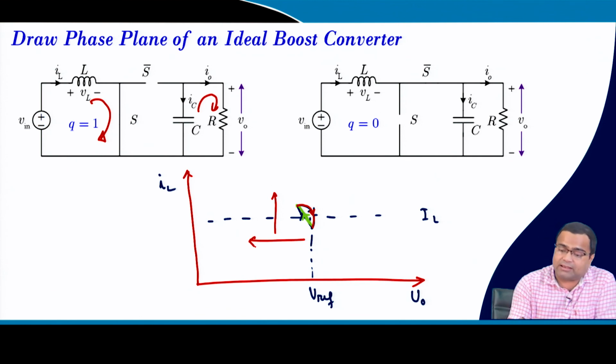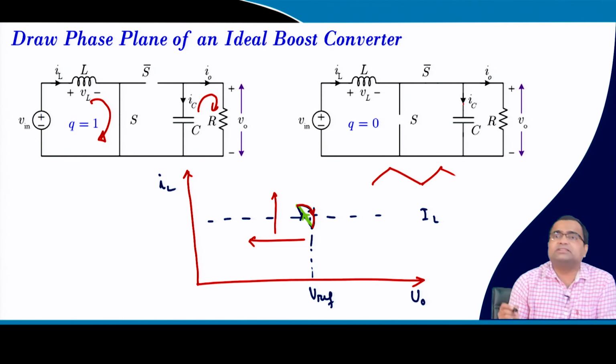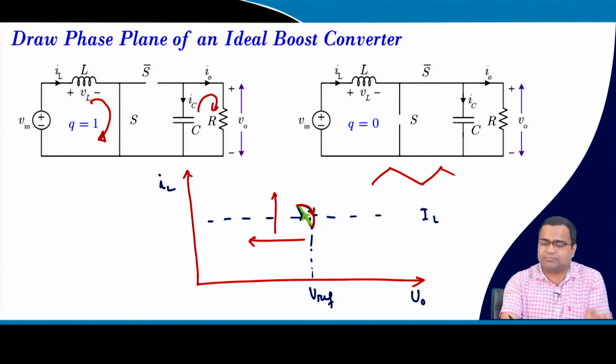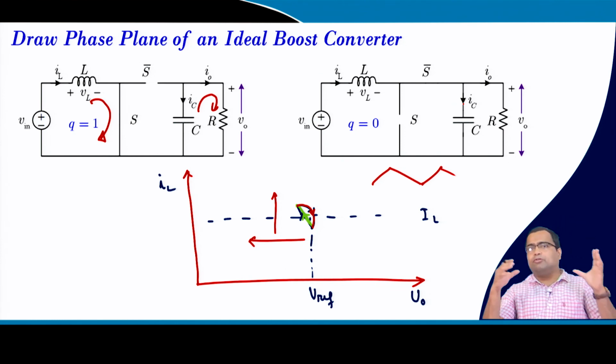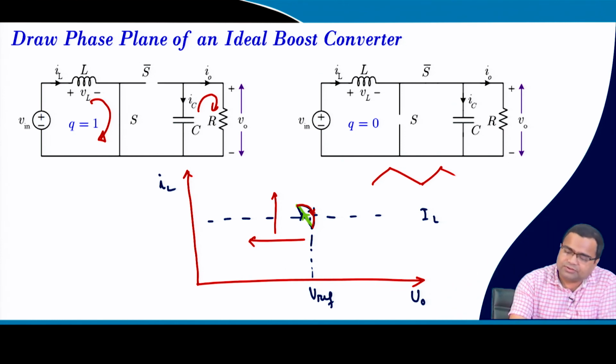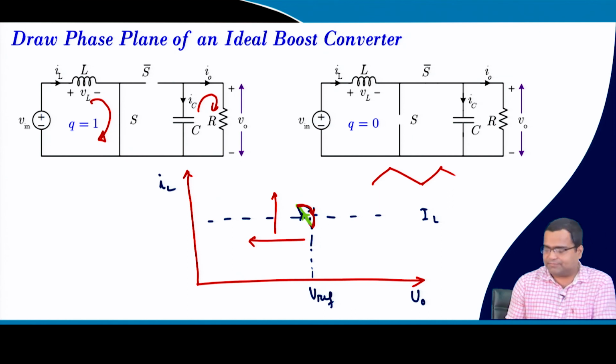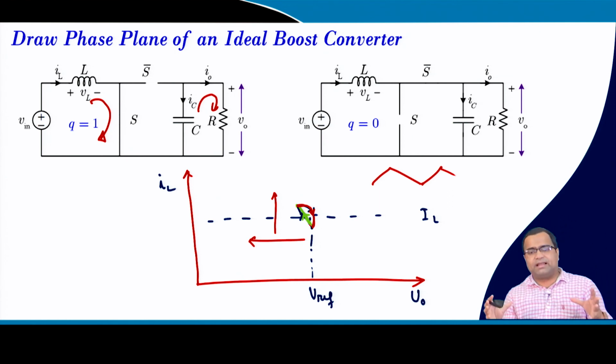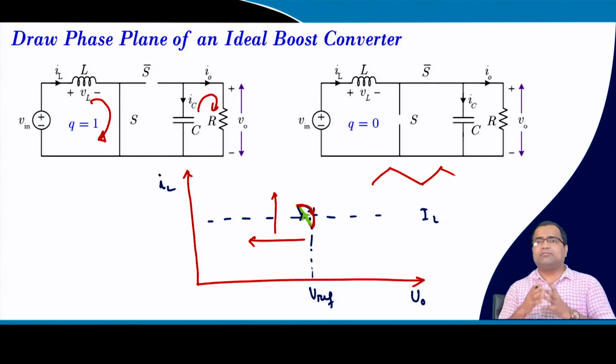But during off time the current will decrease and the voltage will increase, as long as your capacitor current is positive, because if you continue for a long time then the voltage will again start falling. So this is the characteristic of the off phase. So we can draw the phase plane, because we need to combine the complex conjugate behavior with real behavior to get our desired behavior.